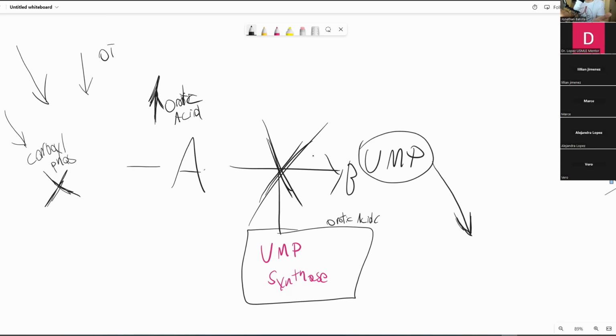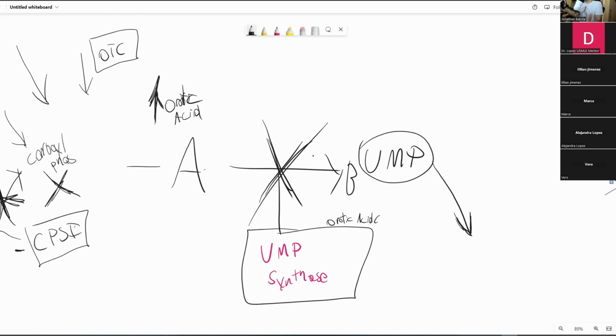These two different diseases can present with it. It can be OTC deficiency, or it can be CPS1 deficiency. So how do I tell the difference? Well, we mentioned it before. With CPS1, you will not have increased orotic acid because that one is before, so you don't make carbamoyl phosphate. It never gets made.